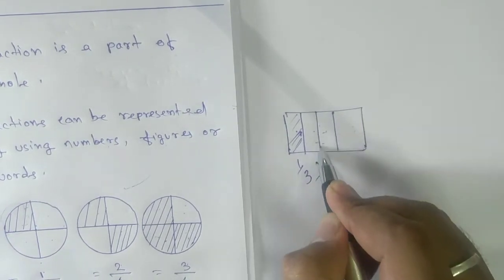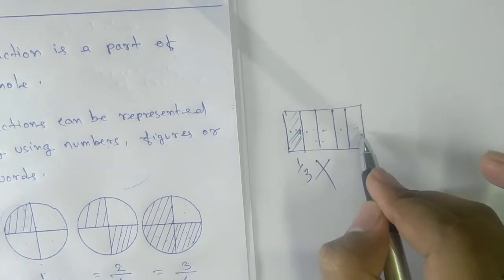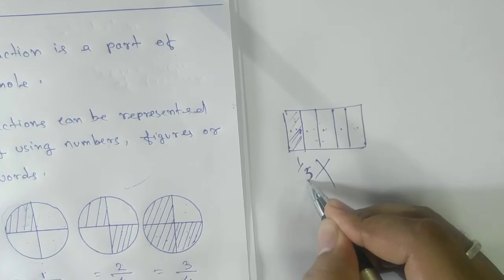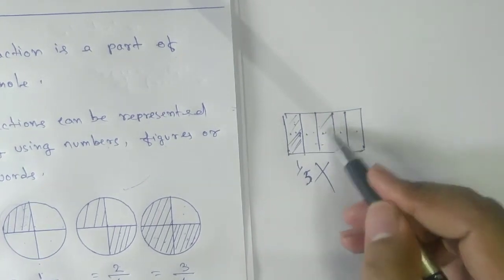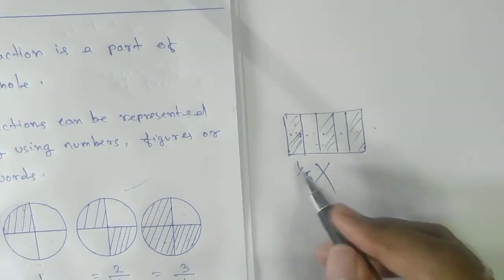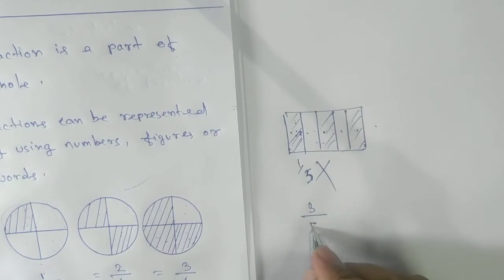If we cut it into equal pieces, now you can see 1, 2, 3, 4, 5 equal pieces. Then you can say this one is 1/5. And if we shade 2 more, how many in total? You can see 1, 2, 3, that means 3, and the total is 5, so 3/5.